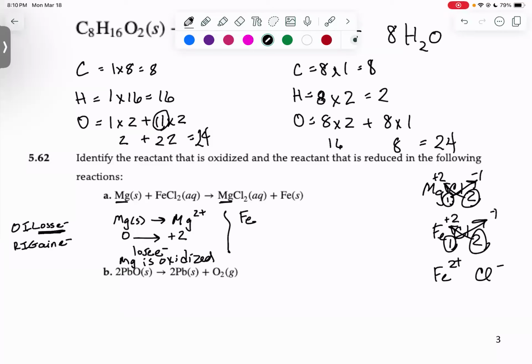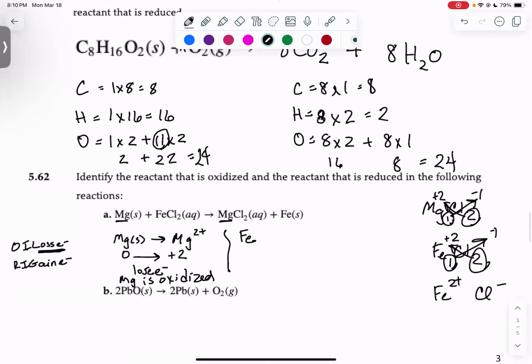So Cl minus. Check your main group. Chlorine is a -1, and so the iron is a +2. So you start out with a +2 iron, and you go to iron solid. Well, iron solid is just iron atoms. There's no ions. And so this is a 0.